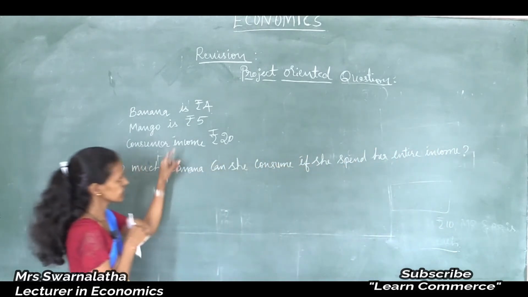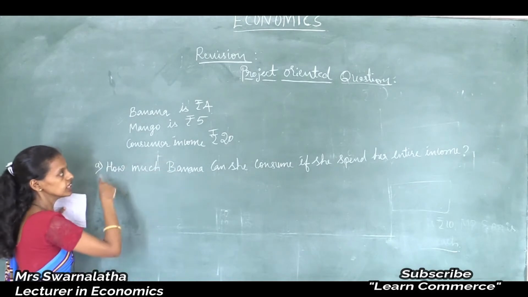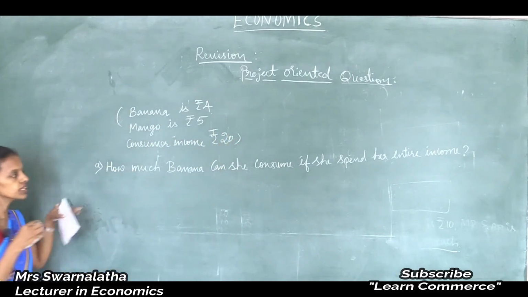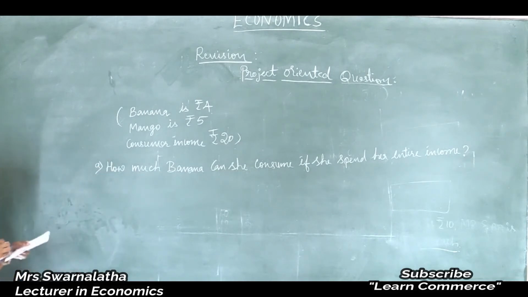Full entire income is rupees 20. If she spent all 20 rupees, then how much bananas can she consume?